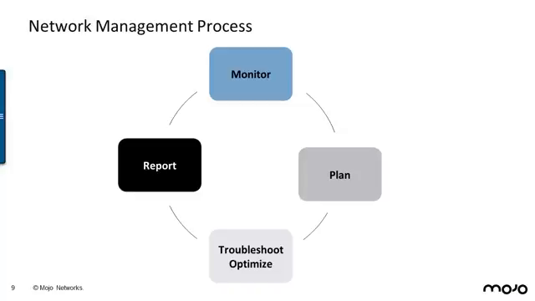There may be some troubleshooting involved, and optimization too. So you're going to optimize and/or troubleshoot, and then you report and so on, and monitor again and plan. So it's basically an iterative process.